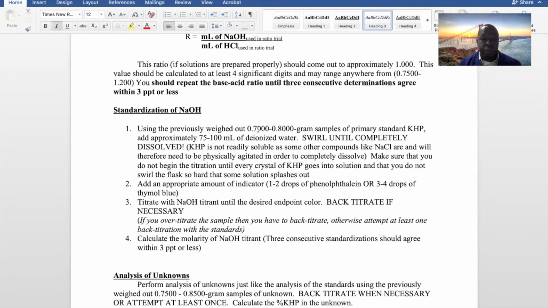You are supposed to over titrate and then back titrate. For each flask, depending on which indicator you are using, you know which color you are looking for. If it was phenolphthalein or thymol blue, you are supposed to pay attention to the characteristic color you expect when your sample is over titrated.